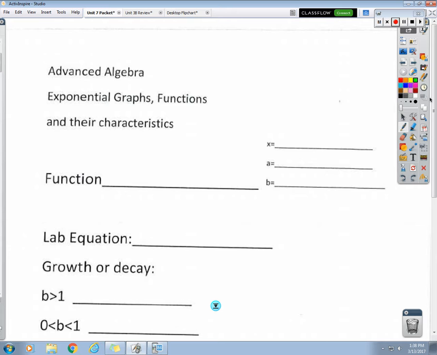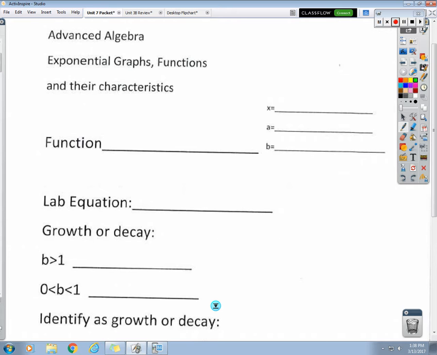Okay, today we're going to start learning how to graph exponential functions. The equation for an exponential function is y equals a times b to the x power. Now, it makes complete sense why this would be called an exponential function, because your x is the exponent.